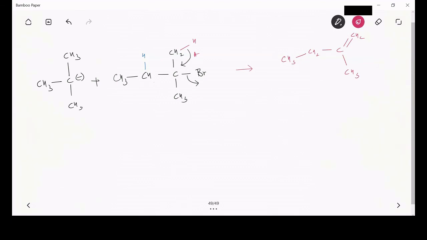Another pathway, the pathway B, which means when this one will come and this will go, this pathway will give you the product CH, CH3, CH3. So from the previous discussion, we already know that this is a stable alkene compared to this one. Fine.